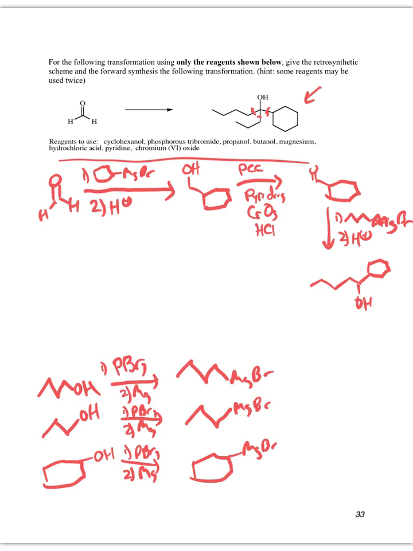And then that we can oxidize with PCC, which we've written up there already what it is. And then we can do the last Grignard with the propyl magnesium bromide, followed by acid, and that's going to give us our product. So we can do it that way also.